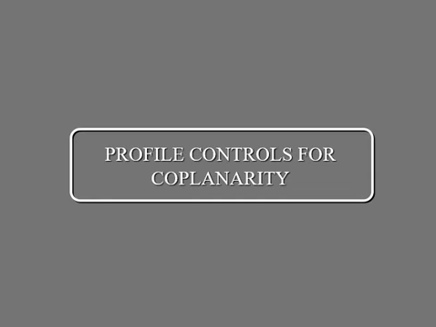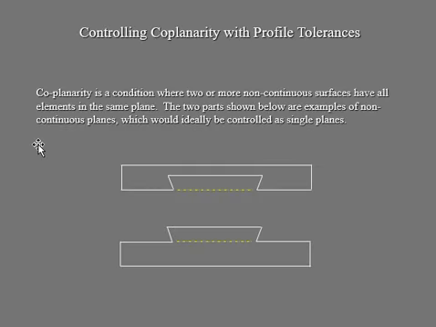That means that we're sharing the plane. So here we go. Controlling coplanarity with your profile tolerances is a condition where you have 2 or more non-continuous surfaces, and they have elements. Of course, every time, surfaces are composed of elements, and sometimes they can be on the same plane.